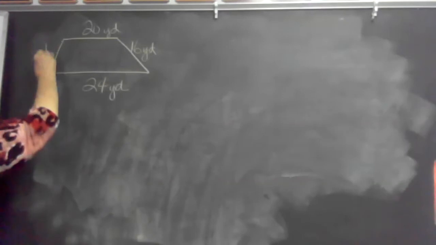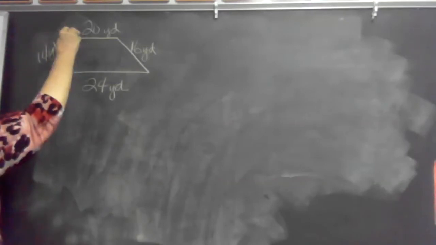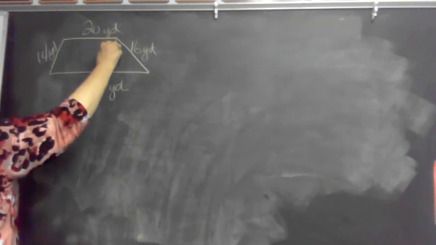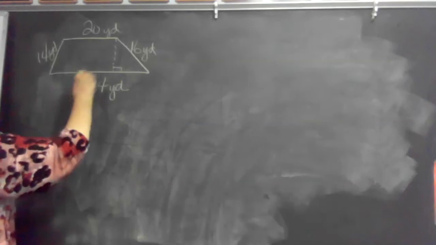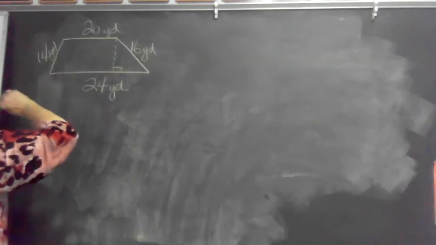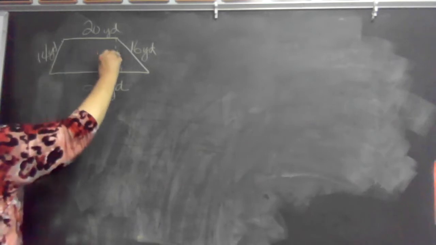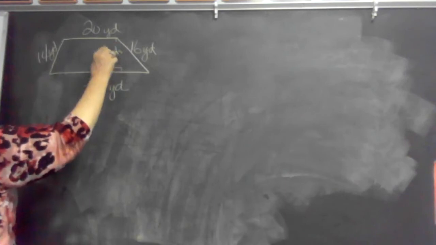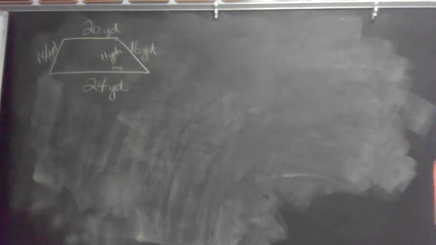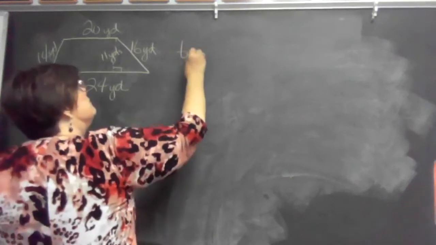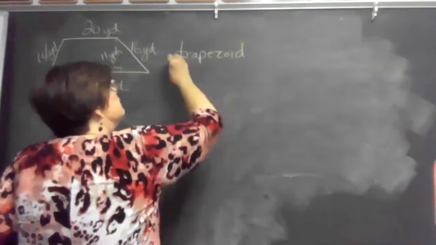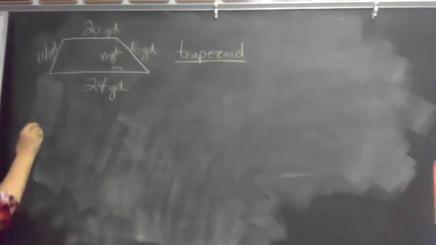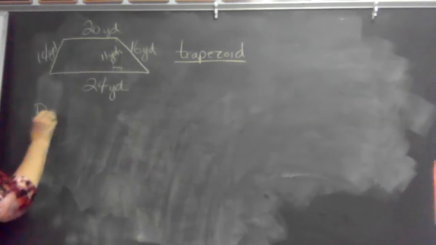And 14 yards. And 11 yards. Okay, here's your picture. This is a trapezoid. So what I want you to do first is find the perimeter of this trapezoid.